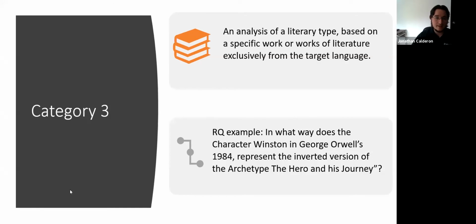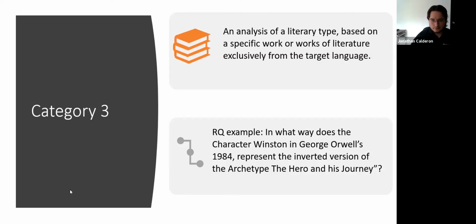We're not going to analyze the impact that that particular story had on society. If we did that, that would be category 2A or 2B, I think, okay? If we're going to focus only on category 3, we're only going to focus on the study of the literature, on the literary theory from that particular story.